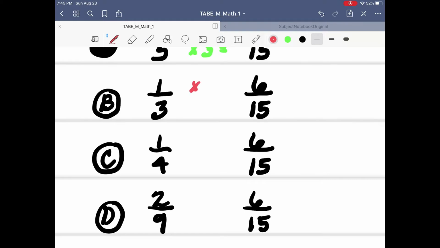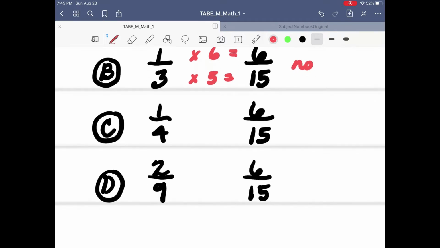But let's look at these others and see what we have. This one, I would say 1 times 6 would give me that 6, and 3 times 5 would give me 15. Those numbers have to be the same, so this is not the answer. This one, 4 times something is 15.